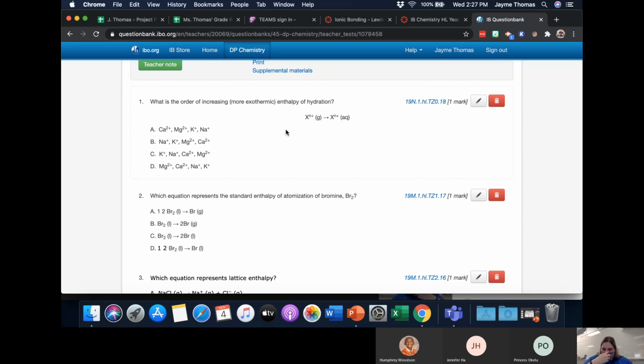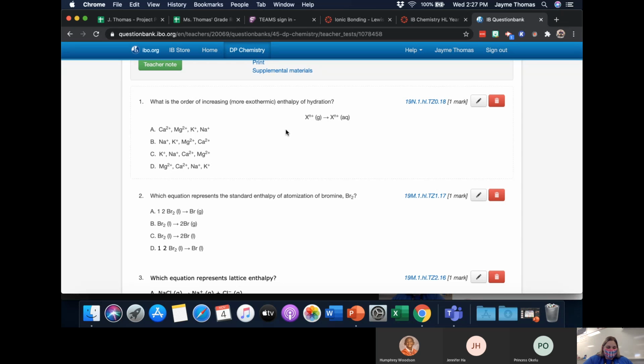The attraction is affected by 2 things: the size of your ion, your ionic radius, which goes back to topic 2 with periodic trends. The smaller your ion, the stronger the attraction, and therefore the higher the enthalpy of hydration.